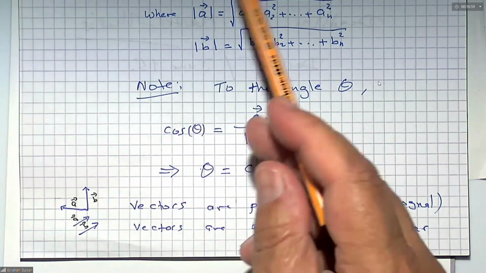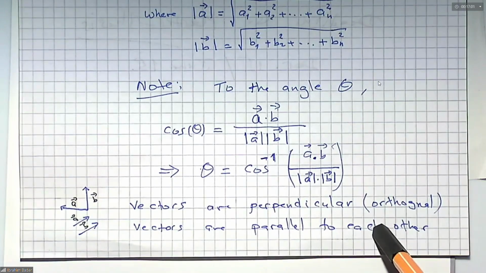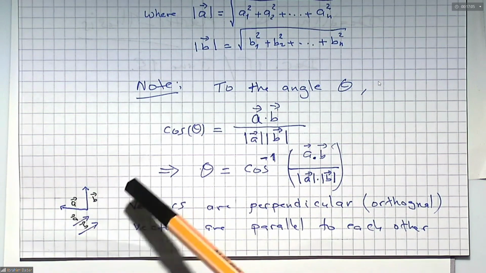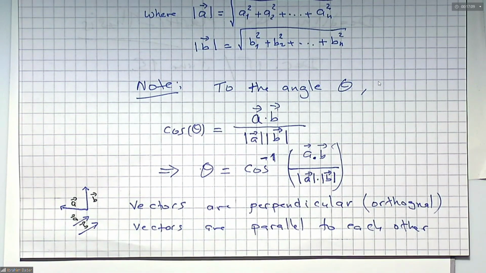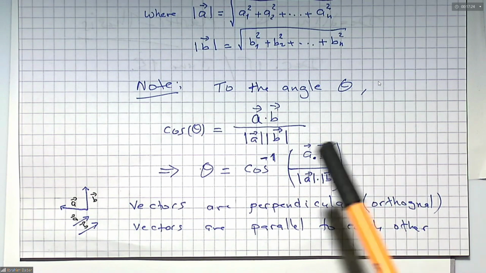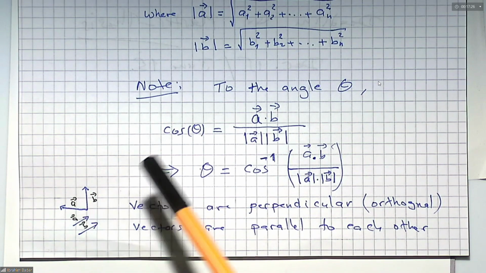Imagine you only know the dot product or the scalar product, and I give you two vectors, and I ask you, are these vectors perpendicular to each other or orthogonal? What does that mean? What about this angle here?